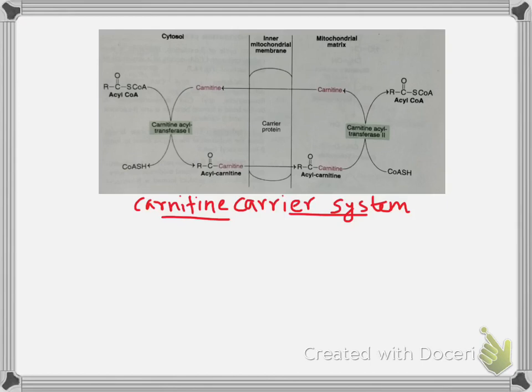This occurs in 4 steps. The first step is that the acyl group of acyl-CoA is transferred to carnitine to form acyl carnitine, which is catalyzed by the enzyme carnitine acyl transferase 1, which is present on the outer surface of the inner mitochondrial membrane.